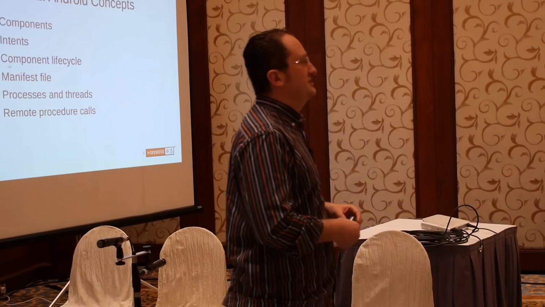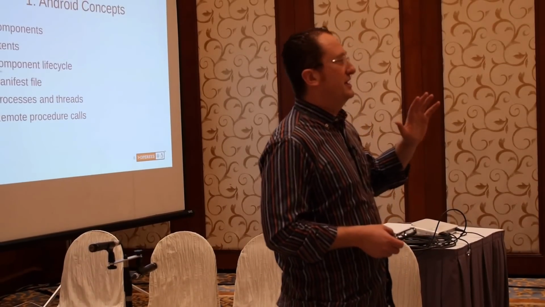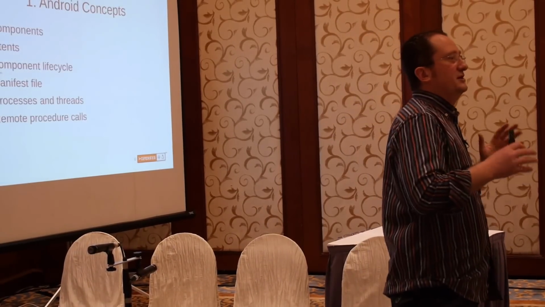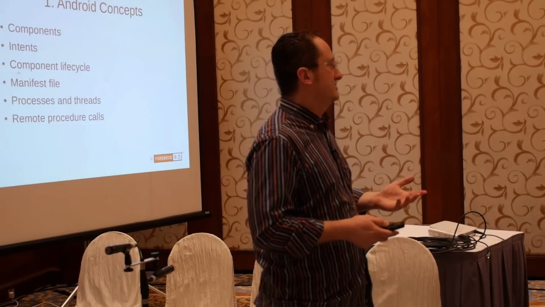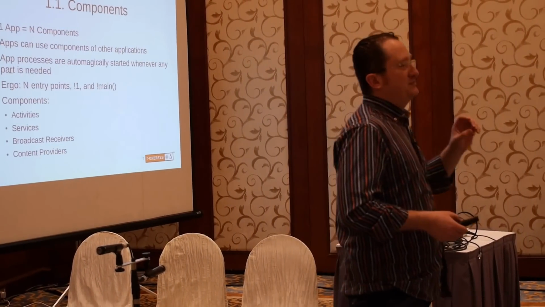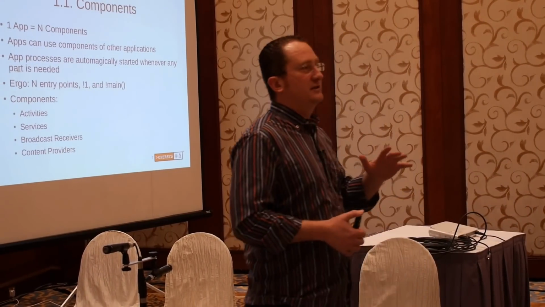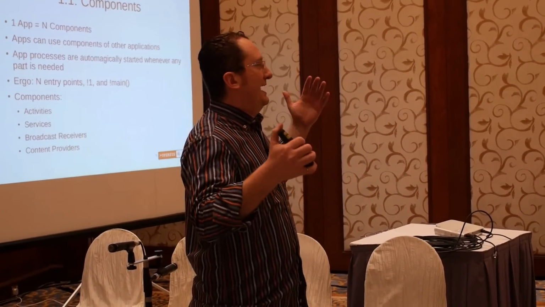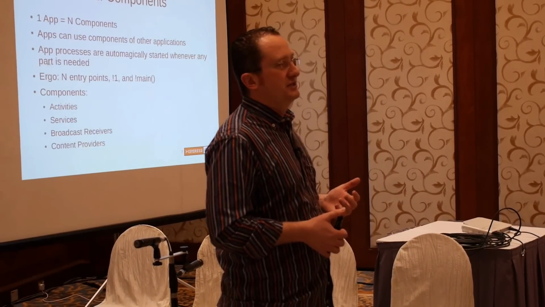Some basic concepts. I'm going to run through these very rapidly just so we have a common lingo. These are the concepts that app developers would face if they're developing an application. First of all, apps are made of several components. All of the components are activated independently of one another. How they get activated will depend on what's called intent filters.